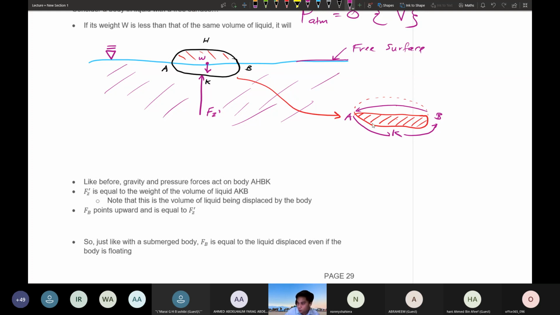This has the weight and the centroid. So the weight of the fluid it displaces is equal to what, everyone?